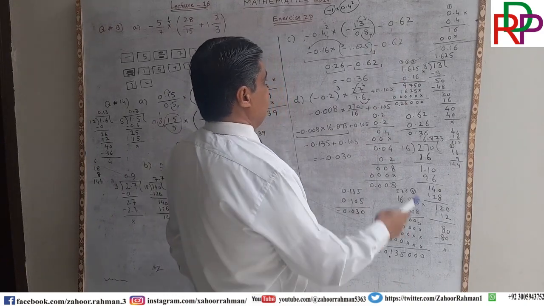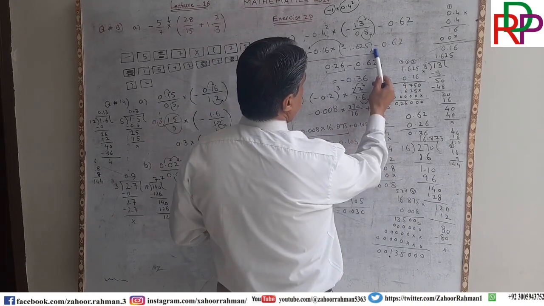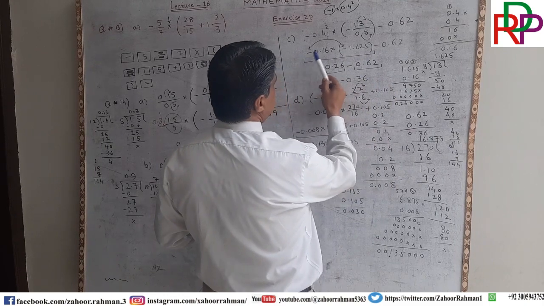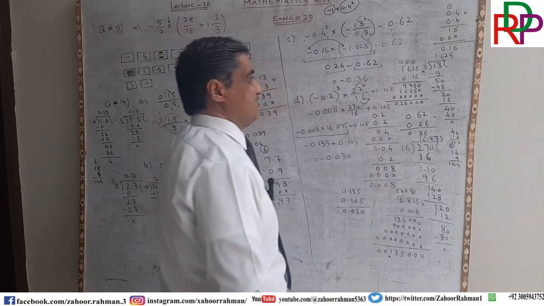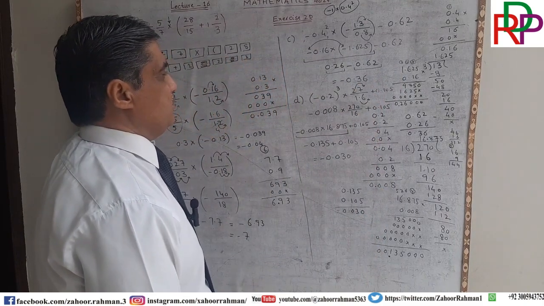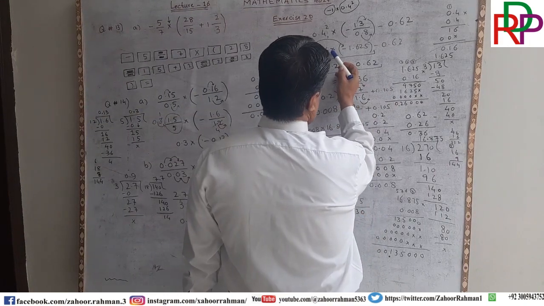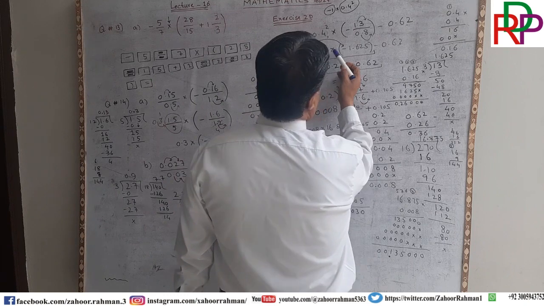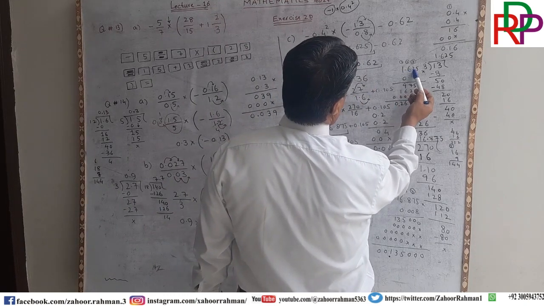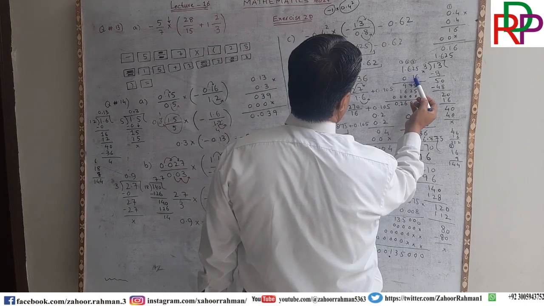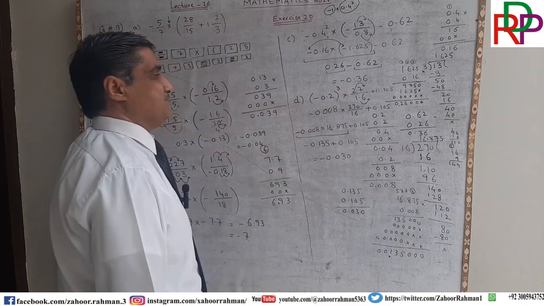So, ladies and gentlemen, now the priority of this multiplication is more than the subtraction. So, we have to first simplify the multiplication portion, and we are doing 1.625 multiplied by 0.16.